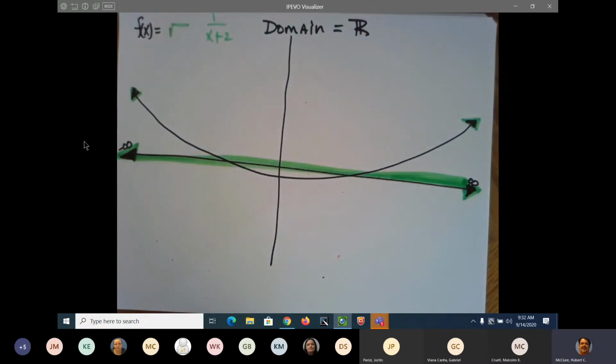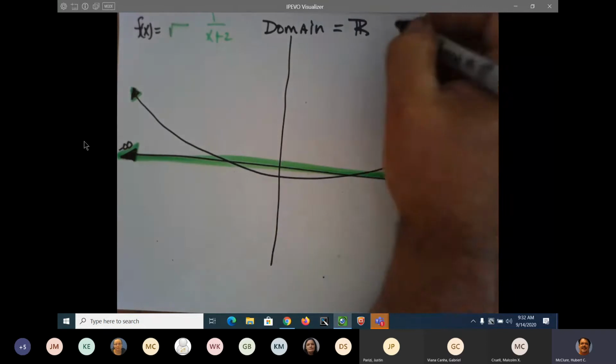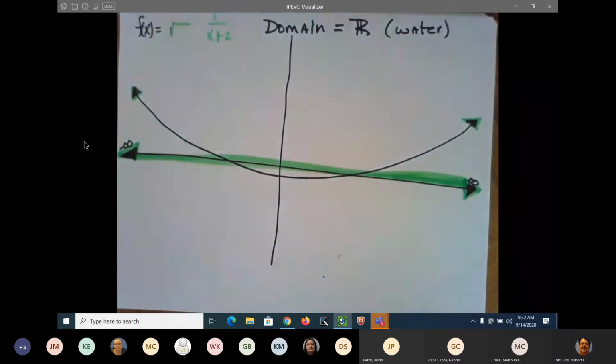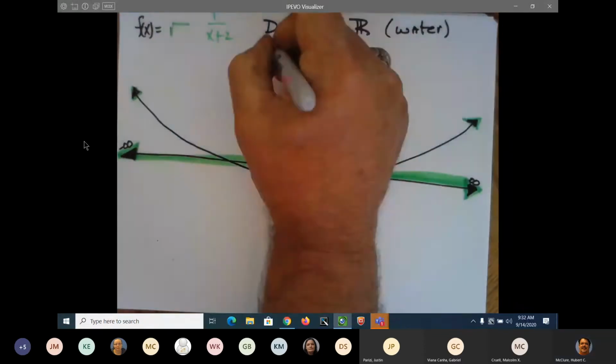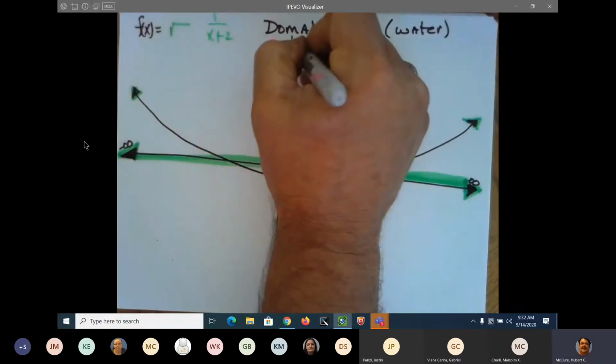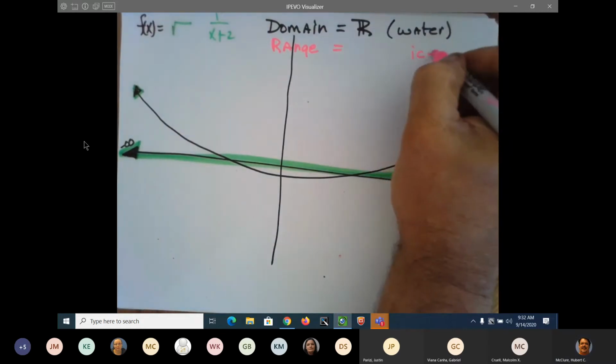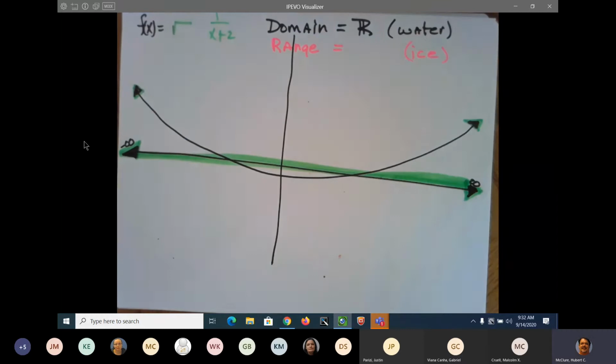The range is the ice. Remember, the domain is the water in the ice machine. The range is the ice. So what y values will work with this function?